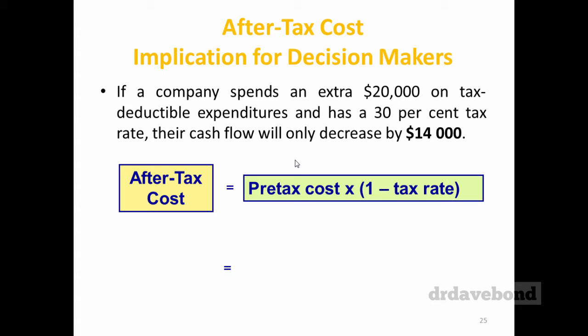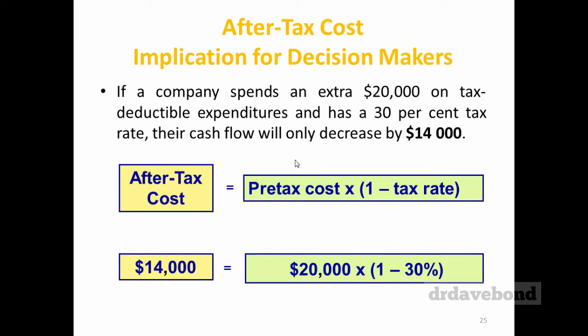So the net effect of that cost is only $14,000. There's going to be a timing difference because you'll pay for it now, and it may take a little bit of time before you get the saving, but the net effect is going to be $14,000.